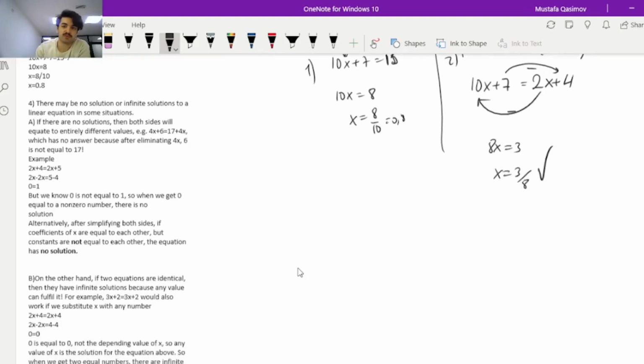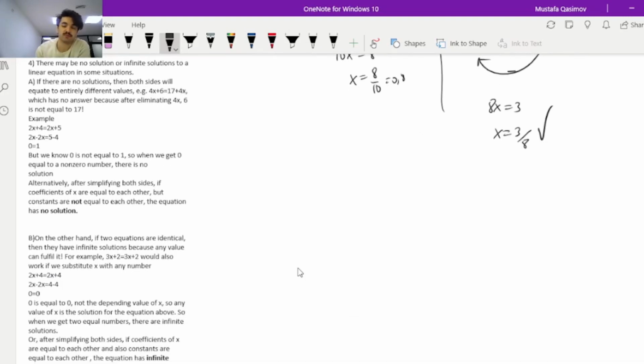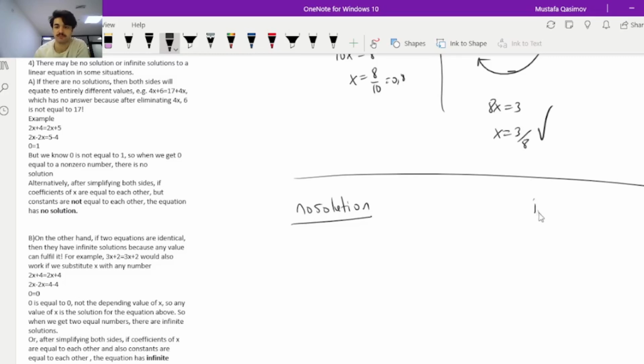Now let's look at a little bit different one. Sometimes there can be no solution or an infinite number of solutions for a linear equation. For example, let's take 2x plus 4 is equal to 2x plus 5. Then we do the same thing we did in the previous example.